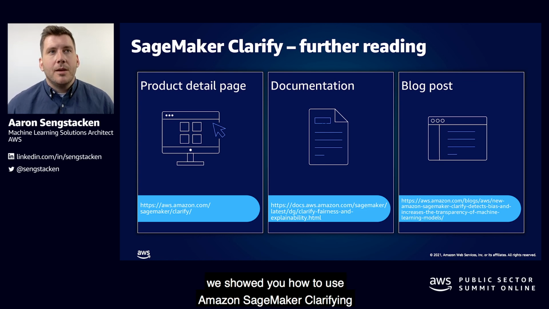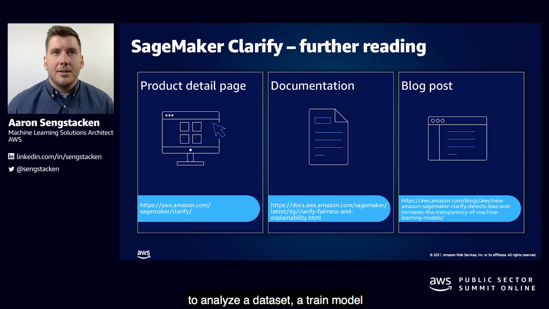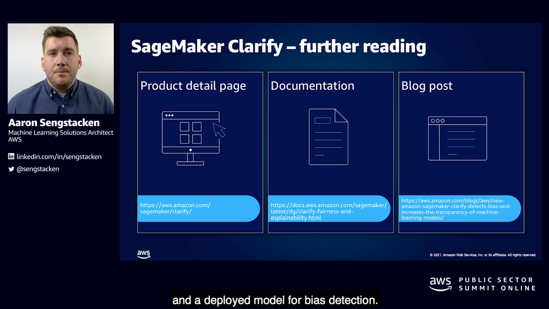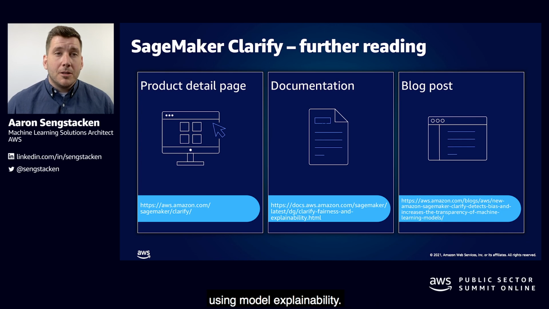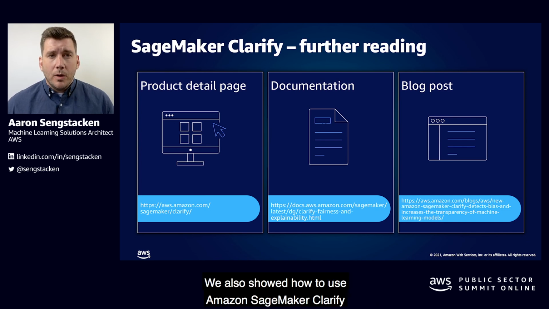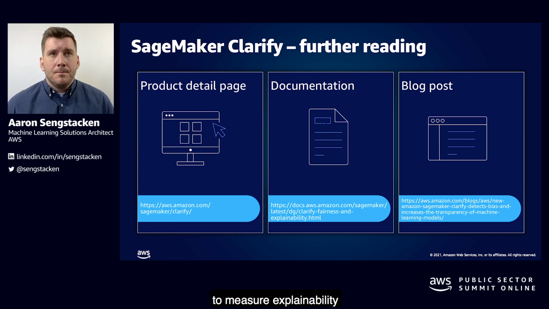We showed you how to use Amazon SageMaker Clarify to analyze a data set, a trained model, and a deployed model for bias detection. And we discussed how to gain insights and understanding from your machine learning model using model explainability. We also showed how to use Amazon SageMaker Clarify to measure explainability on your trained and deployed model.